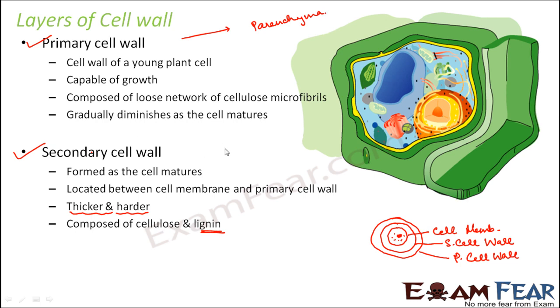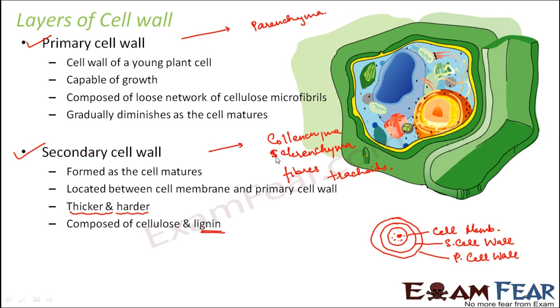Whereas if you look at the structures of collenchyma, sclerenchyma, fibers or tracheids, these were tissues made up of cells. What do you see when you look at their structure? We have already studied their structures, right?